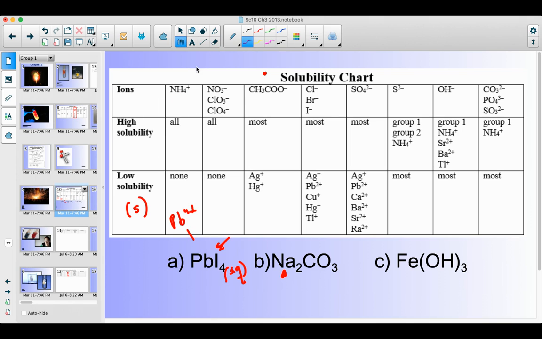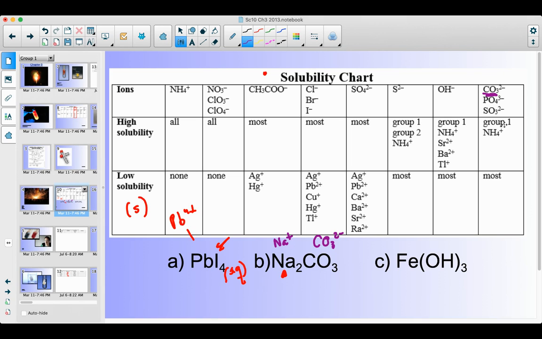So if I am looking at Na2CO3, this is my cation Na plus, and my anion is CO3 2 negative. So I need to find my anion. I should find it over here in my last column. Now I'm going to drop down and figure out where Na positive falls.